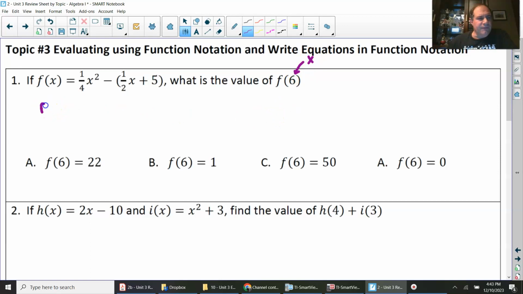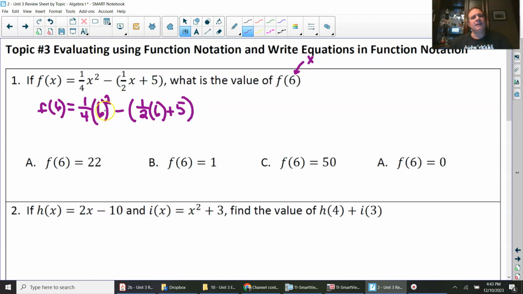So when you're figuring this out, and if you really want to go ahead and show some work, it is 1/4, and then every time you see x, you square it, and then 1/2 times 6 plus 5. All right, and if you could do that, then you're good.